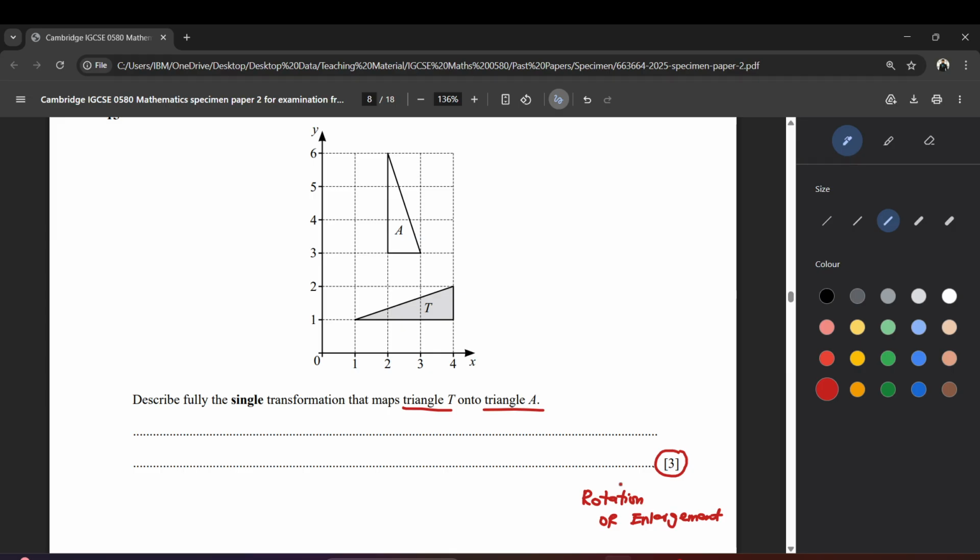So there are two things, translation and the column vector. So you see, just by looking at the number of marks, you can already narrow this down to rotation or enlargement.